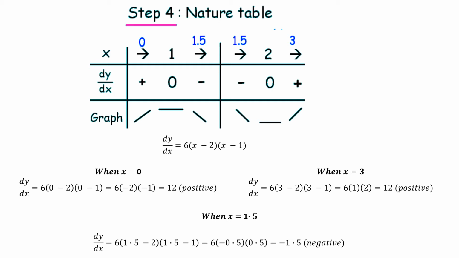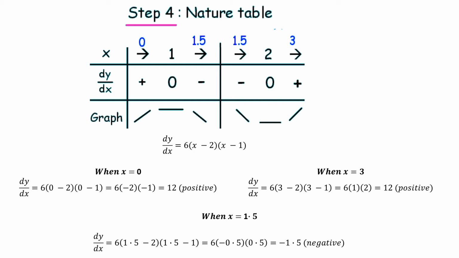And that helps us say what the nature of the stationary points are. So to finish this question, which is really important, you've got to state what is the minimum turning point and what is the maximum turning point, or sometimes it might be a rising point or falling point of inflection, and we'll talk about that in the second example.